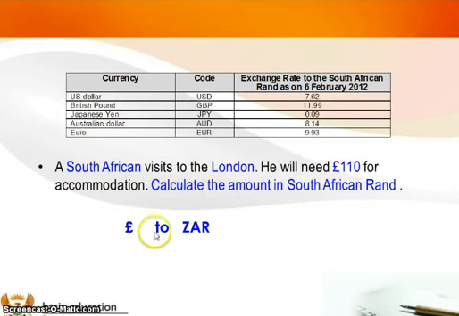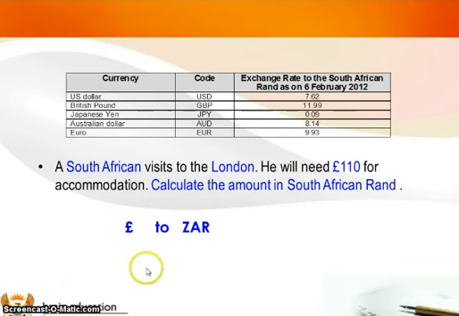So the first thing we see here is you have to take the 110 pounds and convert it into South African rand. Now please note, this is where a lot of learners make the mistake. They know they have to take the amount and they have to take the exchange rate, and then they must either times or they must either divide, and then learners get confused as to when they must use the multiplication or when they must use division.